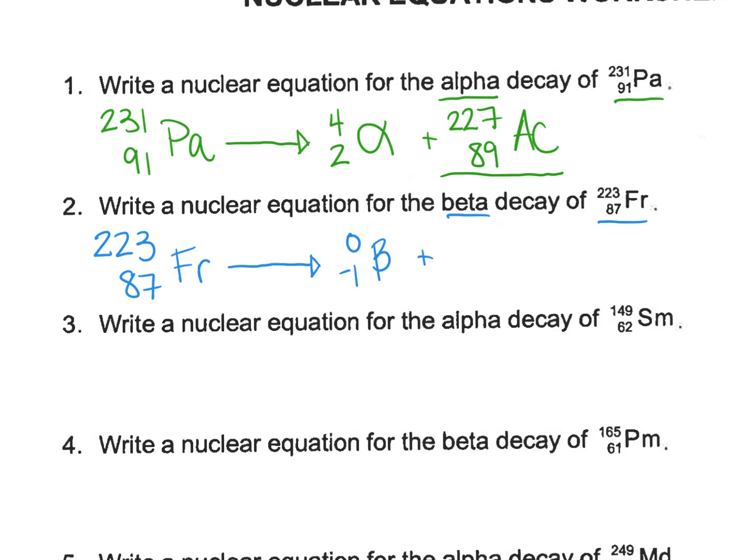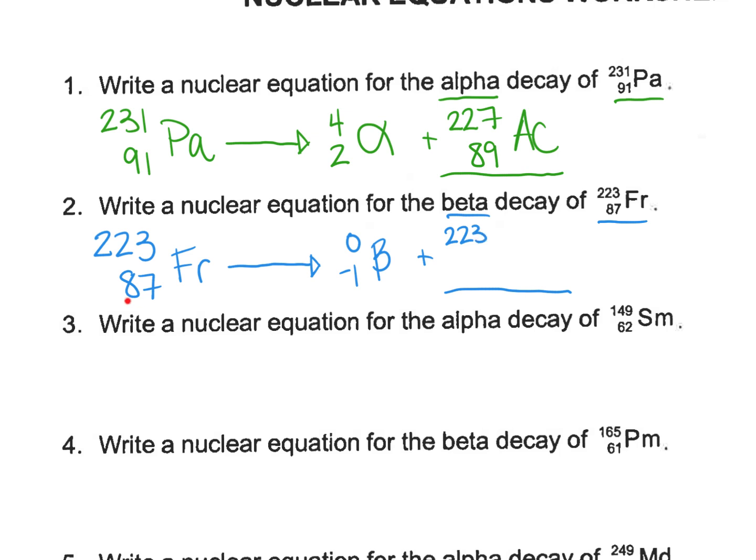Okay, so francium is going to break apart into a beta particle and a whole other element, so we have to figure out what that other element is. Same thing, the left side has to be equal to the right side, so the easiest thing to do is just take this number and subtract this number. So what's 223 minus 0? Still 223.